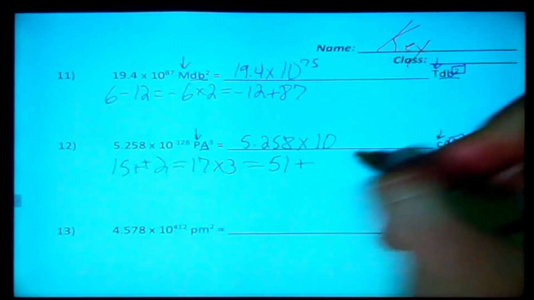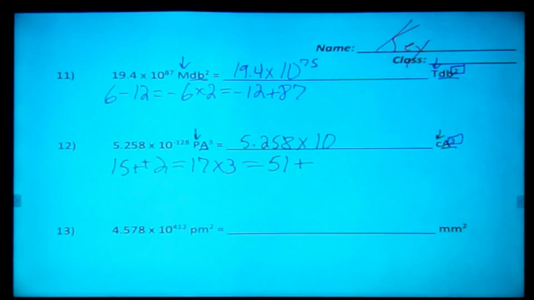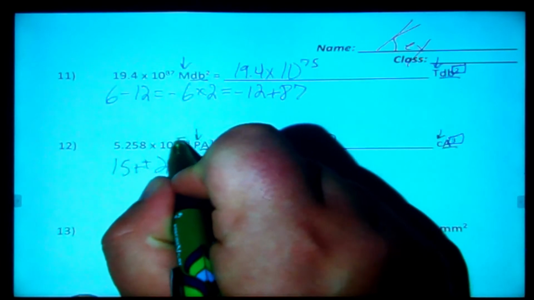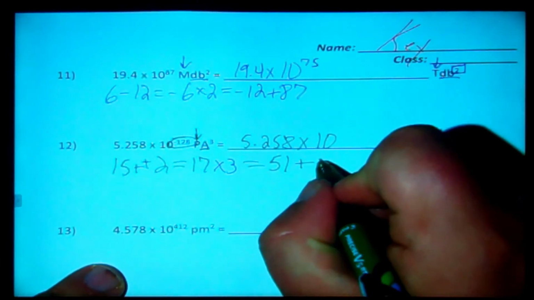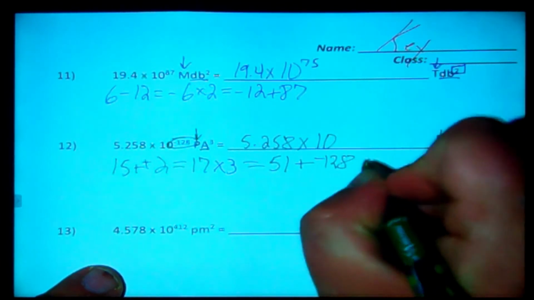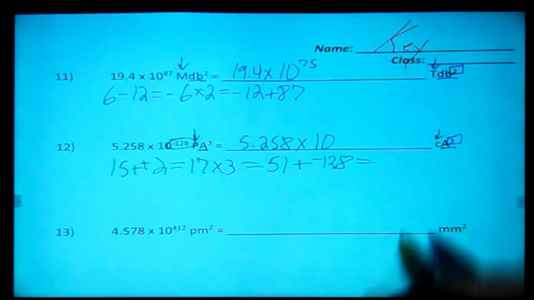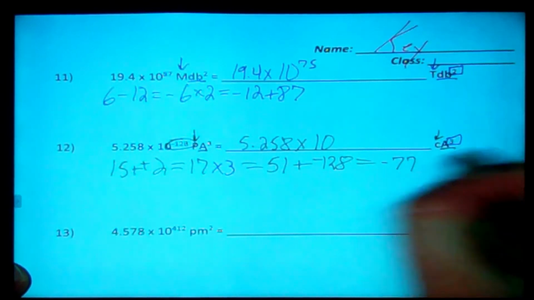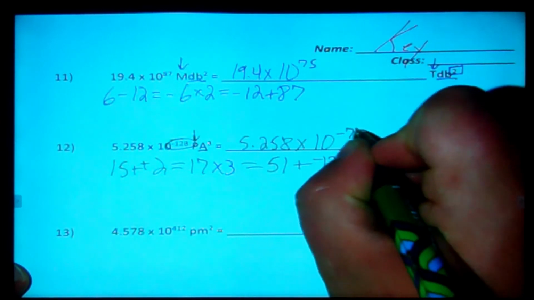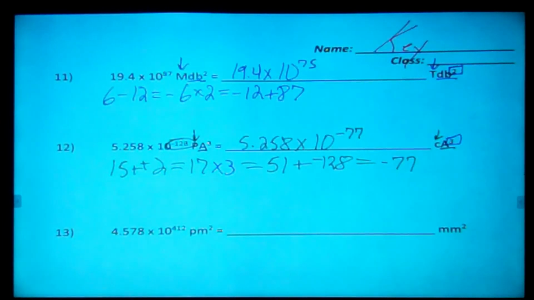Now we add any exponential value in a scientific notation that we started with. So we're going to add to this negative 128 right there. So negative 128, we're going to add and get negative 77. So 5.258 times 10 to the negative 77.